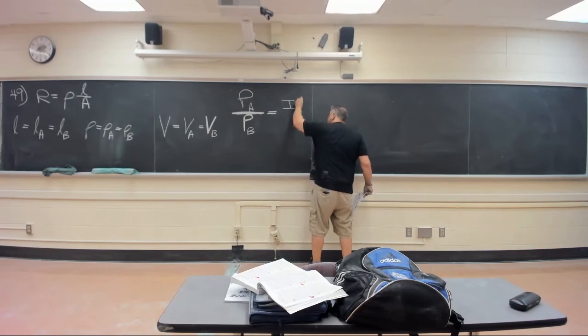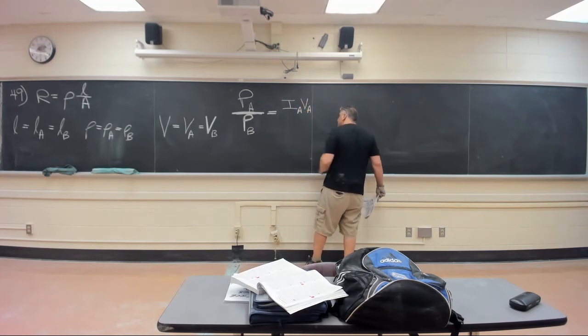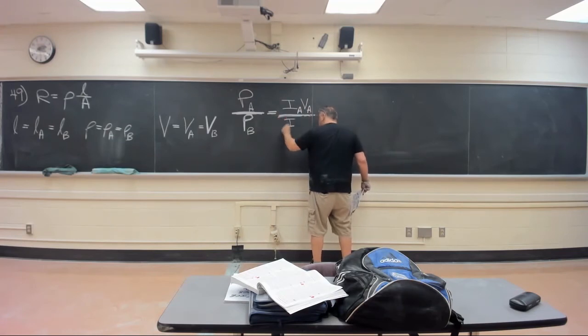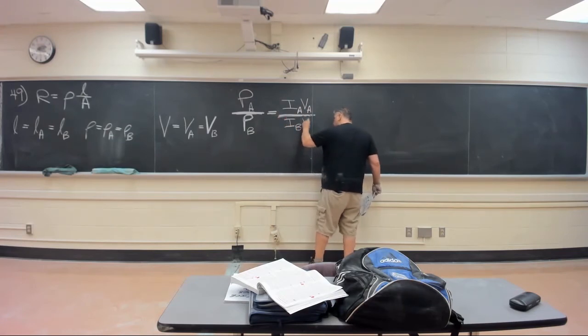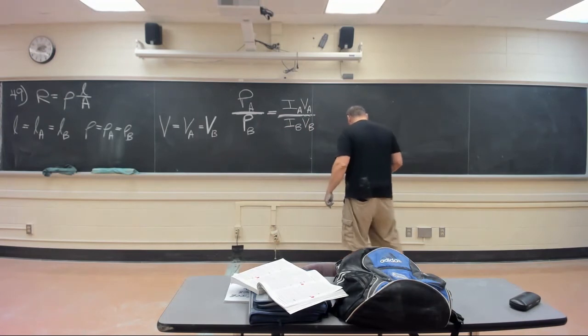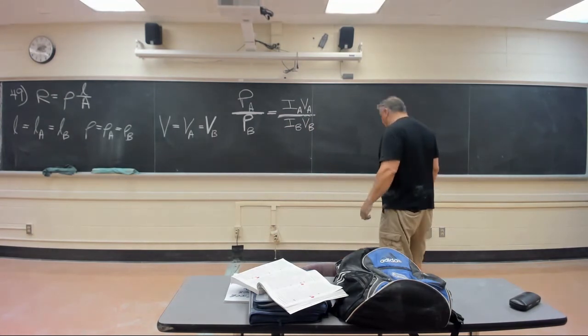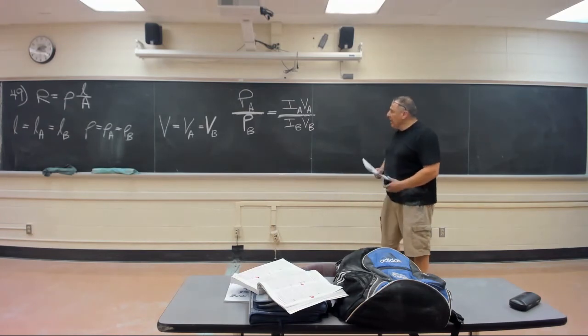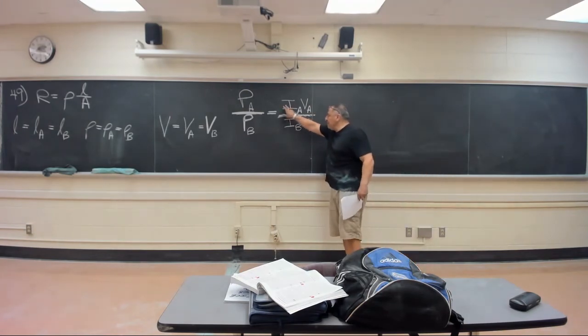I_A times V_A, the potential difference. Okay, we talked about that. Remember what we said, this is coulombs per second.